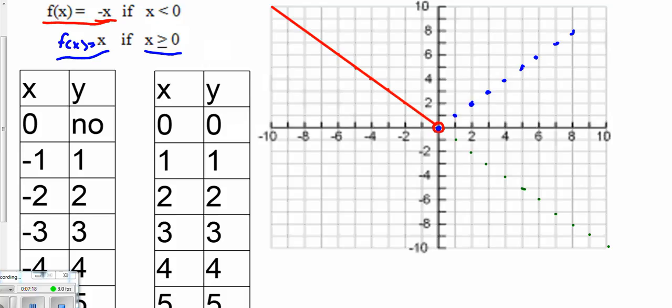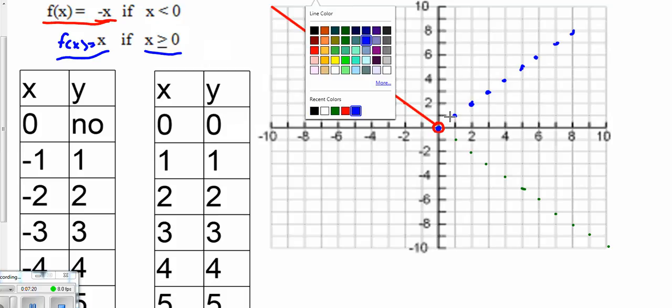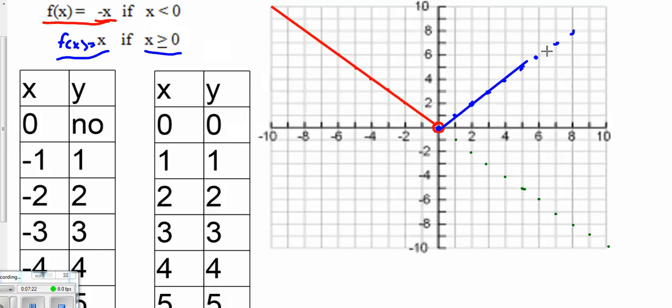Now notice, that line is going to look something like this, moving out in this direction. Now technically, if we followed this line, f of x equals x, we would also get these points going in this direction.